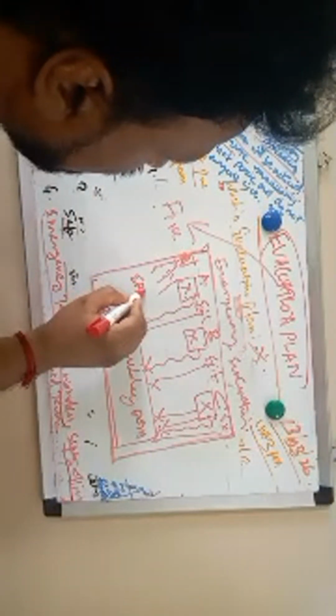The emergency team is helping the people to reach the assembly point, and everyone slowly moves there.